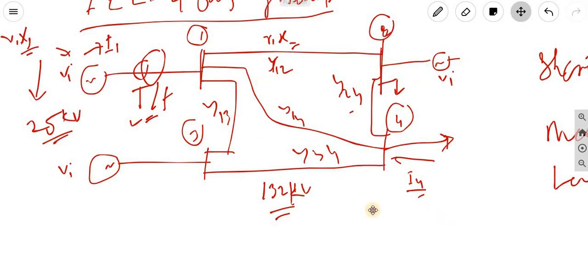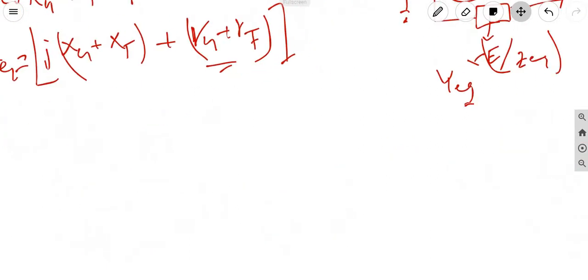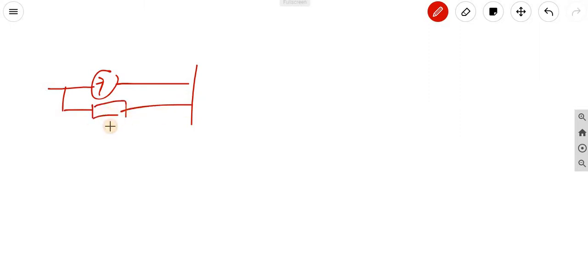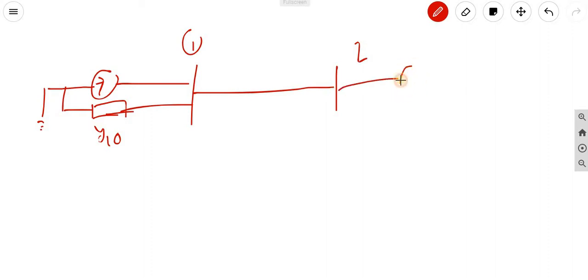So in the modified network, this is one current source, and suppose we are taking the admittance for one bus as Y10, and this is Y12, and for this also we are taking the current source.